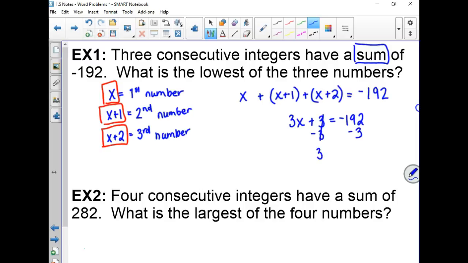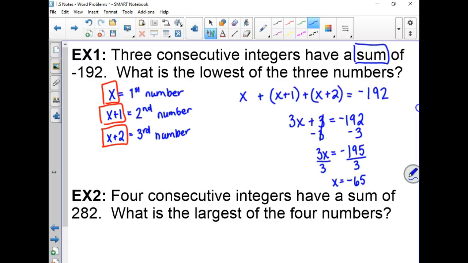So we get 3x equals negative 195. So we're almost done now. You might need to pull out the calculator on this last step. We're going to divide by 3 on both sides. So x equals negative 195 divided by 3, which gives us negative 65.